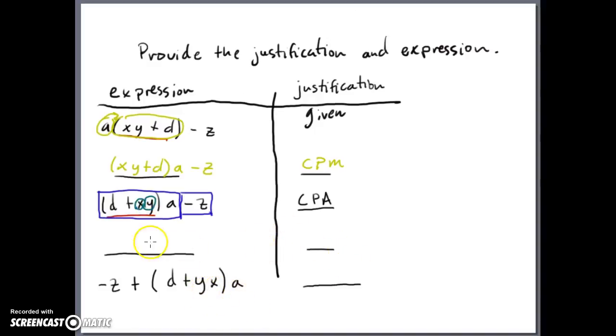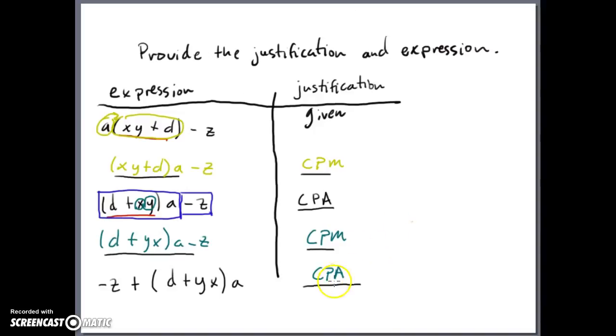So now there's two options. First, we can commute the factors. So we can say, okay, they took d plus and they changed x times, or y times x times a minus z. And then they took the minus z term and they commuted it in front to make it a negative z plus, which would be the commutative property of addition, right?